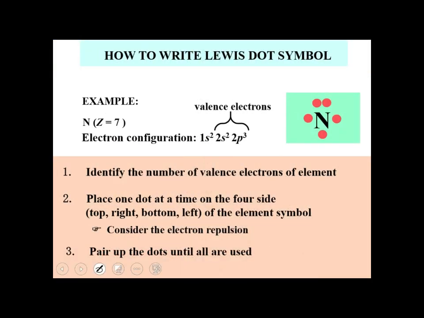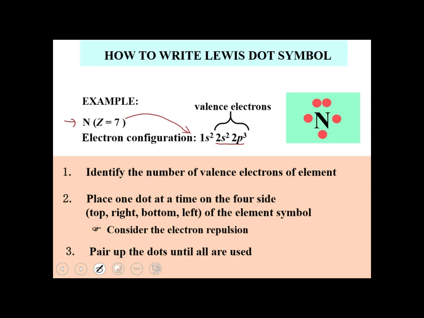How to write the Lewis dot symbol? So for example, given to you nitrogen. So nitrogen has a total of 7 electrons. So write down the electronic configuration. So the electronic configuration would be 1s2, 2s2, 2p3. Outermost shell, and the highest quantum number is 2.